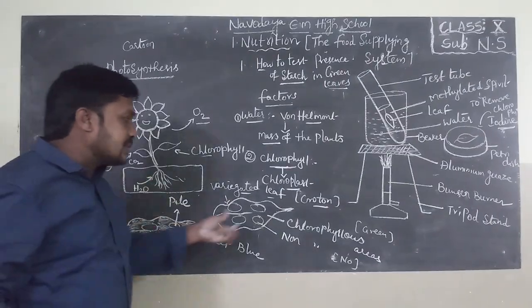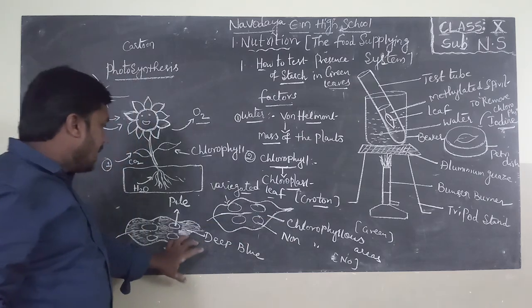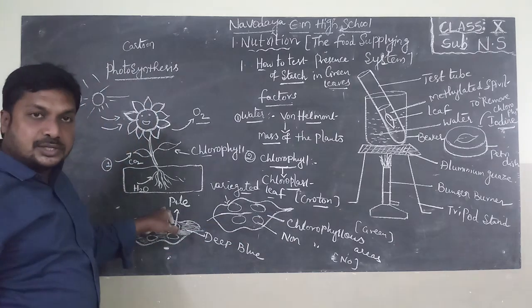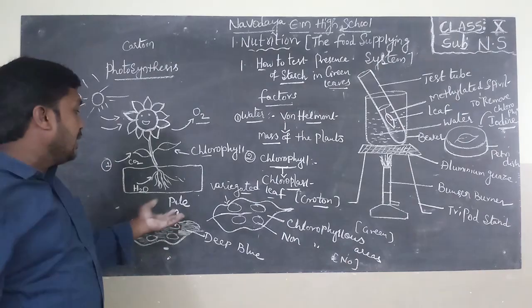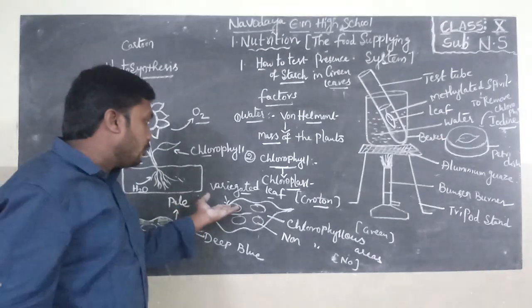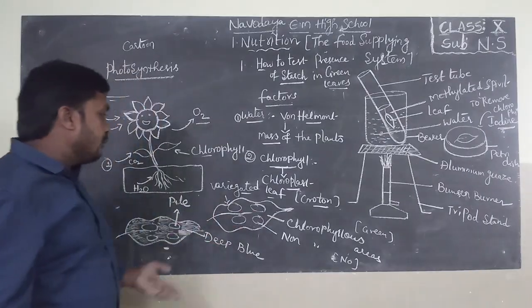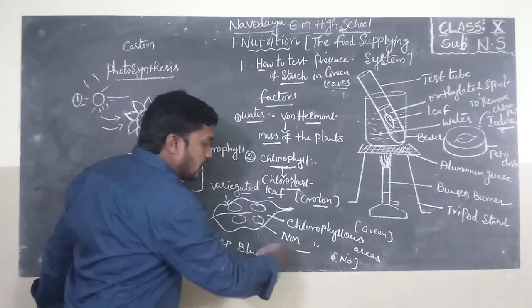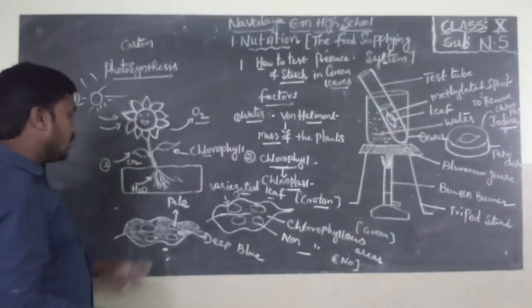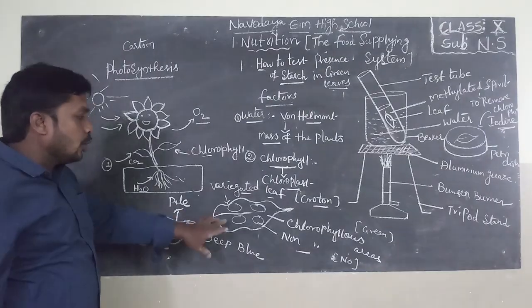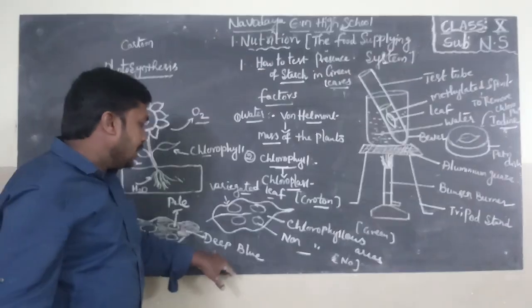So the chlorophyllous areas turn into deep blue color and the non-chlorophyllous areas turn into pale color. What is the reason? Here we cannot find any chlorophyll. That's why the part which does not have chlorophyll turns into pale color and the chlorophyllous areas turn into deep blue color.